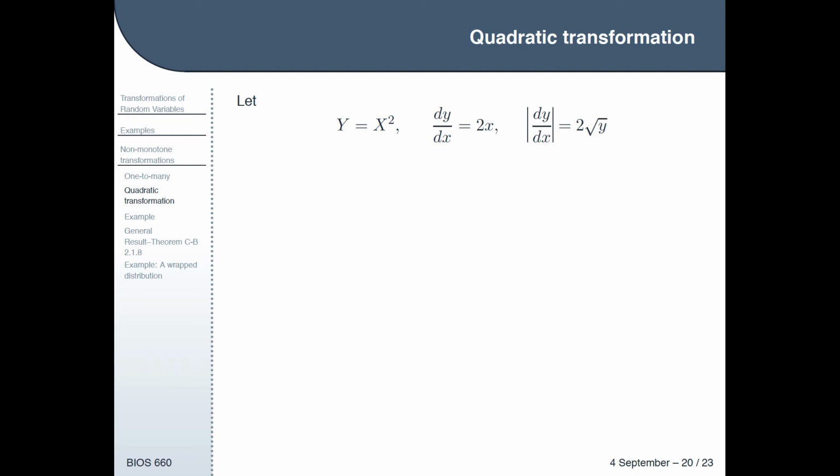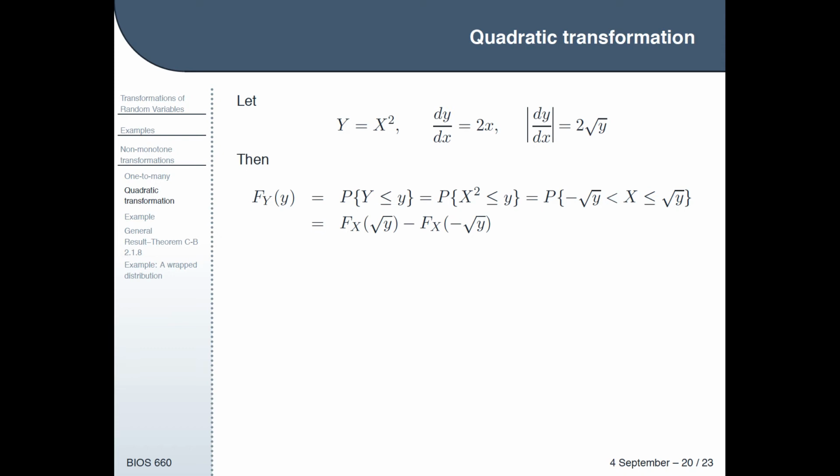And in this case, the derivative of y with respect to x would be 2 times x, or in other words, that would be equal to 2 times the square root of y if we write it in terms of y, or at least the absolute value would be. In general, it's not well defined because it's not a one-to-one mapping, as I said.